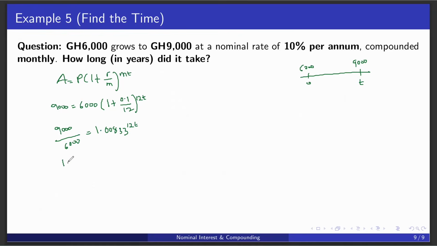So this gives us 1.5 equals 1.00833 to the power 12T.